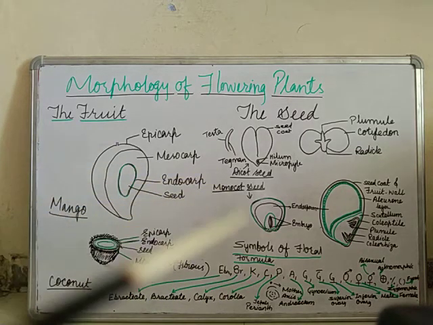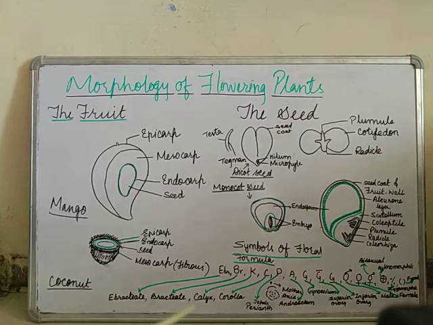K for calyx, that is sepals. C for corolla, that is petals. Then P for perianth or tepals, that is the fused calyx and corolla forming the perianth or tepals. Then A for androecium, G for gynoecium.